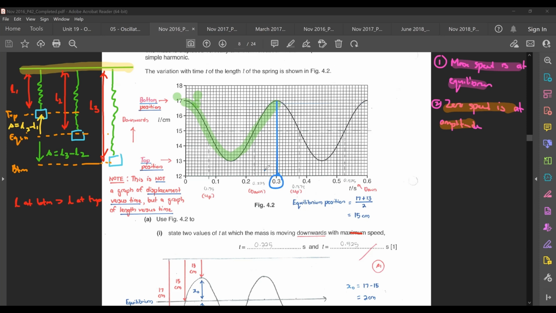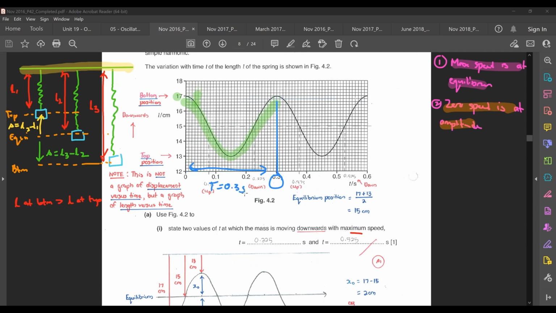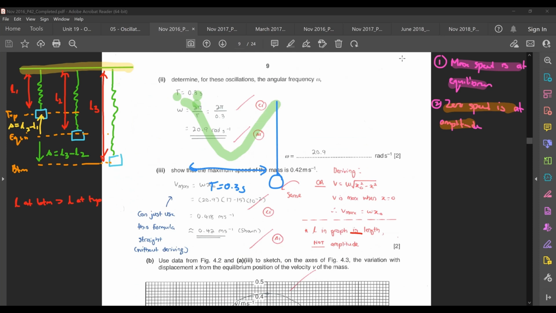Okay, so this one here is 1 period equals 0.3 second. So just sub in the values, 2 pi divided by 0.3, you will get the answer as 20.9 radian per second, just like that.